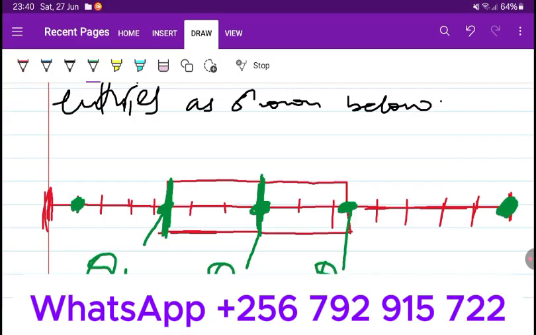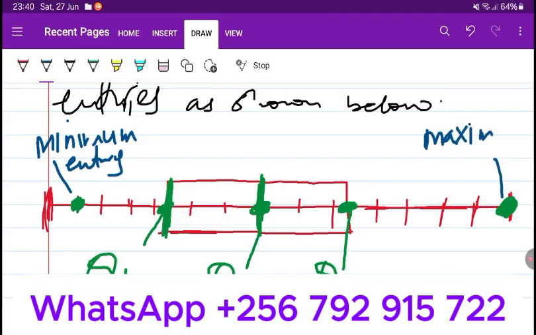So we can label these values. Let's label this as our minimum entry, or smallest value. Then this is our maximum entry. Now, we said we draw a box, and the box is going to be connecting the lower quartile to the upper quartile.